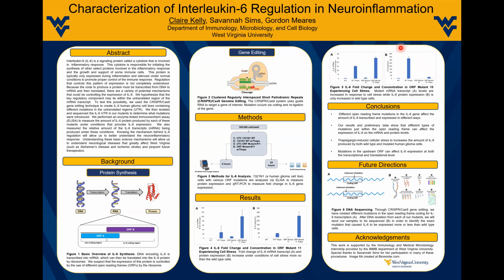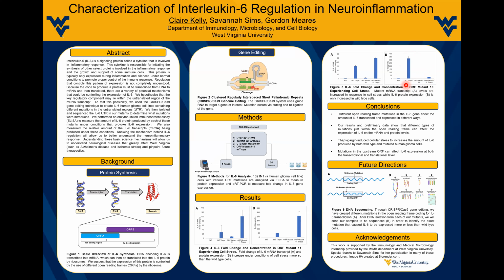However, when we performed an ELISA to see the amount of protein being produced, we got drastically different results. This is not the case. We see that not a lot of IL-6 is being produced in these stressful conditions in our mutant, but it is in the stressful conditions of just our normal wild type cells.